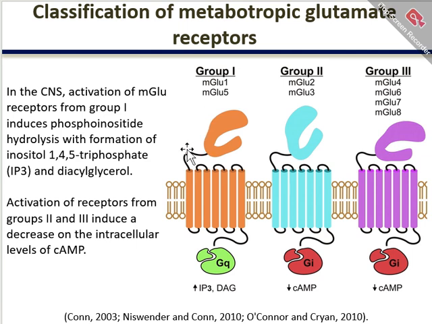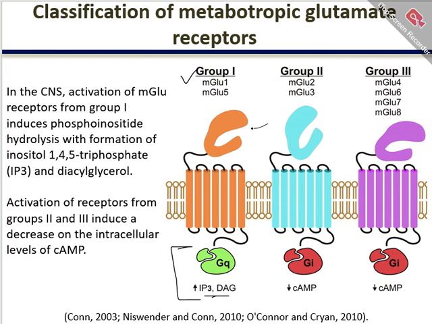Further looking at the metabotropic glutamate receptor group subtypes, group 1 results in activation of the IP3 and DAG pathway, like I have explained just a while ago. Like I have also explained, these are G protein coupled receptors.